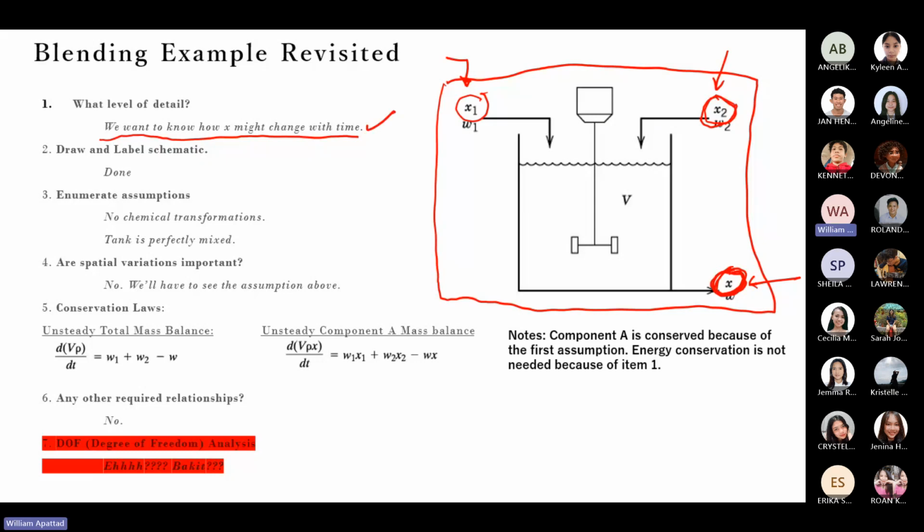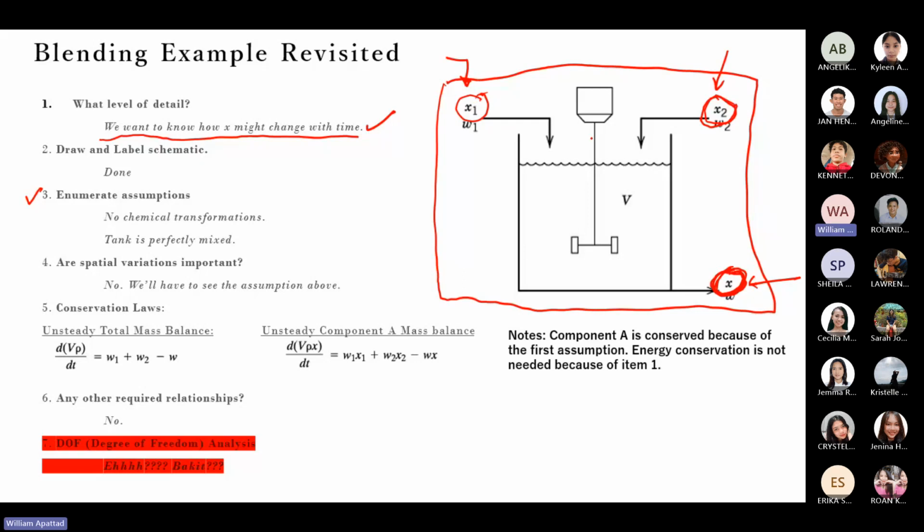Now, mag-enumerate ka na ng assumptions mo. So, inassume natin na walang chemical transformations. So, walang reaction. Inassume natin na ang tank ay mixed. So, kung may pumasok na x1 na ibang concentration, na mix na siya bago siya pumunta dito sa x. Okay, so may direct na influence tong x kapag nagbago siya with time.